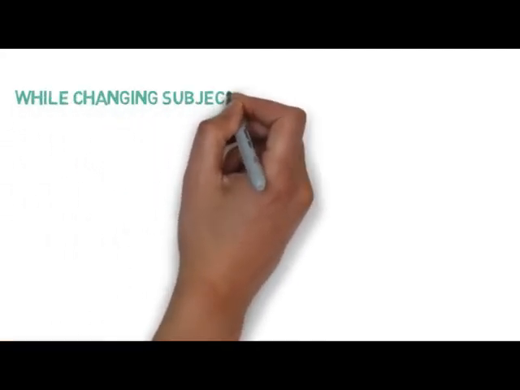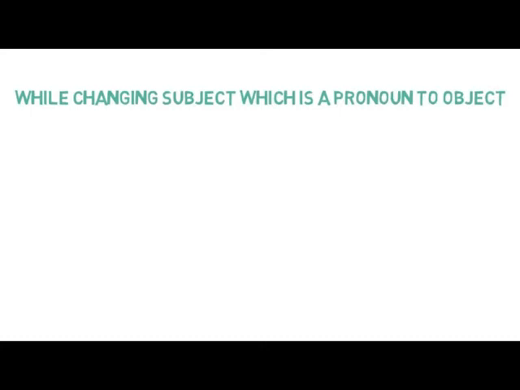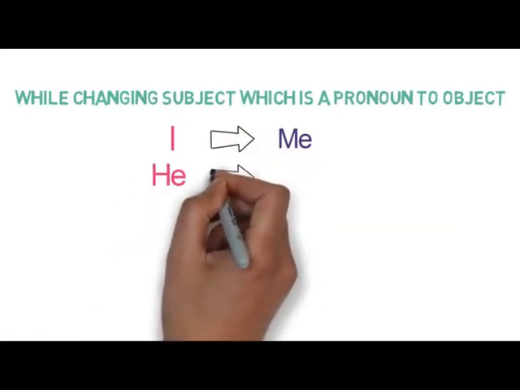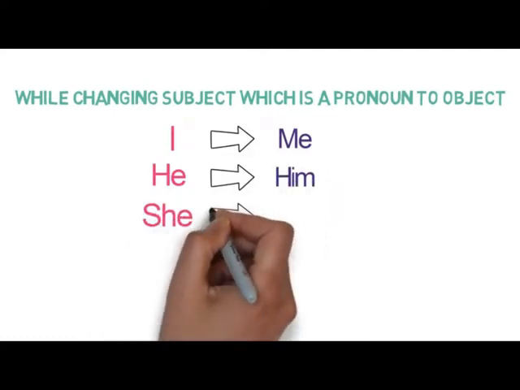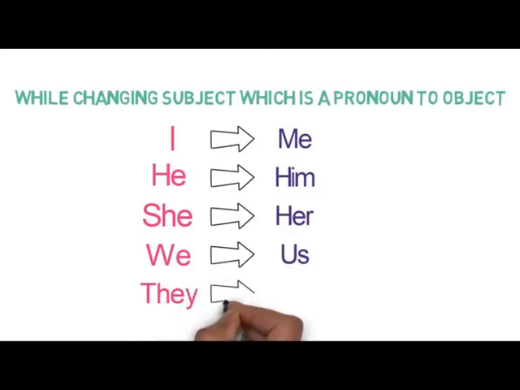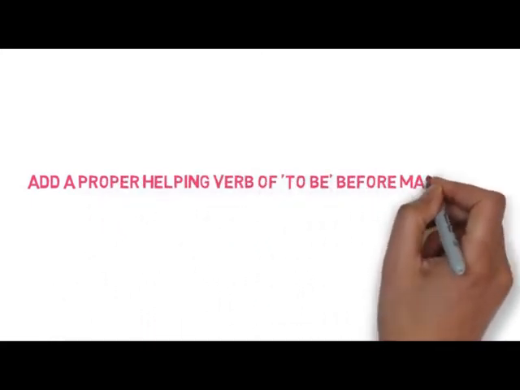While changing subject, which is a pronoun, to object, as we know that subject pronoun I will be me, he will be him, she will be her, we will be us, and they will be them. And now adding a proper helping verb to be before the main verb is a base in our structure today.